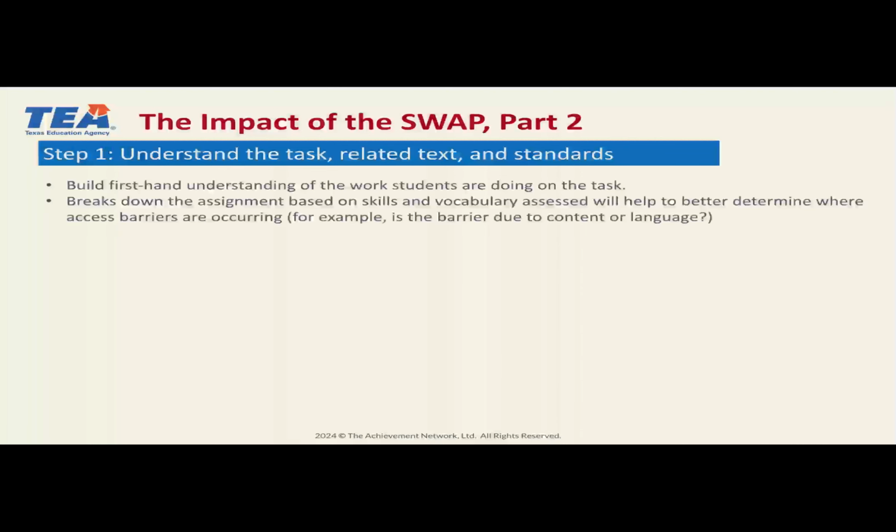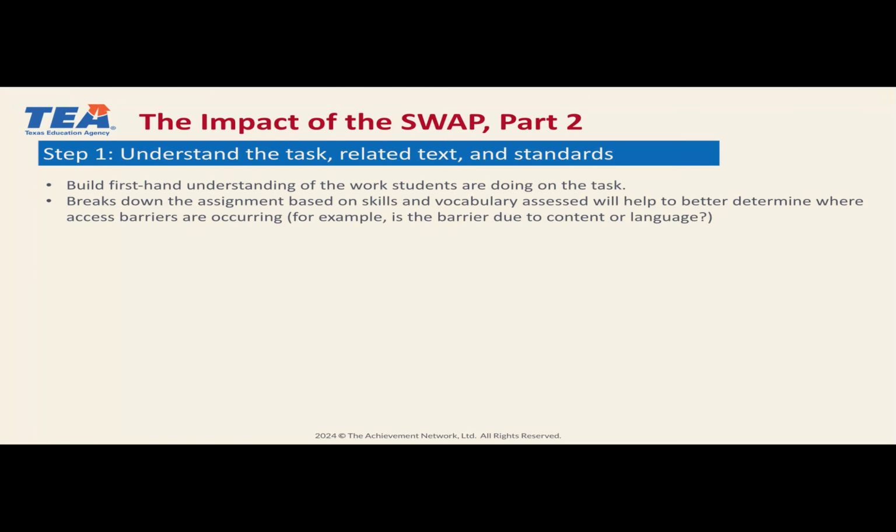Step 1, understand the task related to text and standards. Again, this step is vital. This allows you to do the student work and really deepen understanding of what we are asking students to know and do. This breaks down the assignment and the skills to really determine where access barriers are occurring.